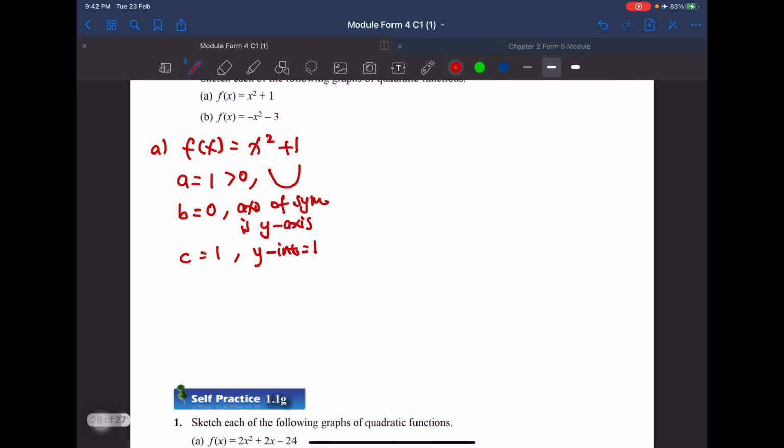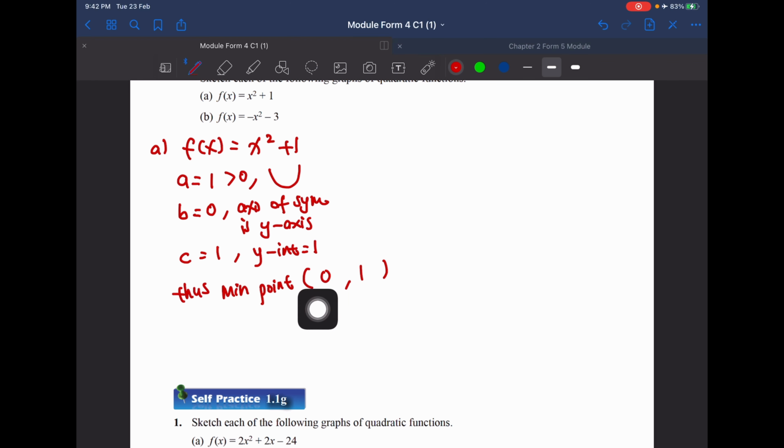Thus the minimum point of the graph is, kita tahu mestilah (0, 1), sebab 0 ni dia terletak di atas paksi y. Nanti kita tengok dia punya graph.